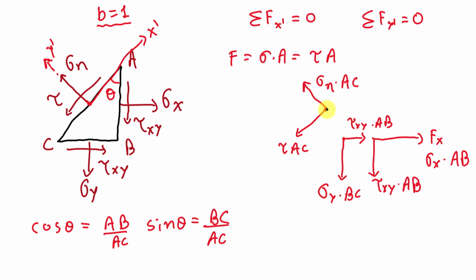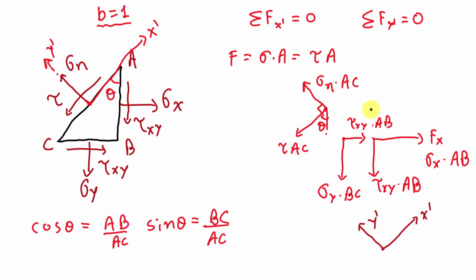Now in this case this angle is angle theta, and here this angle is 90 degrees, right? And we also know that we take this direction as x dash direction and this direction as y dash direction.